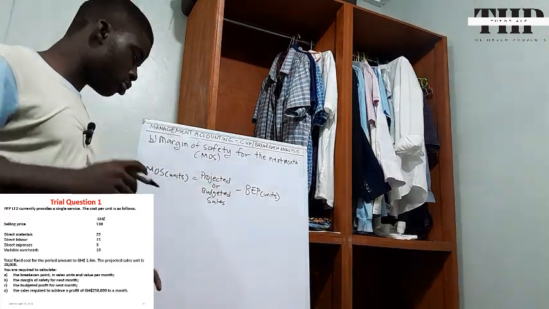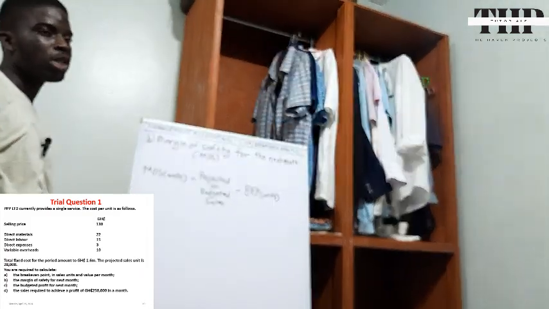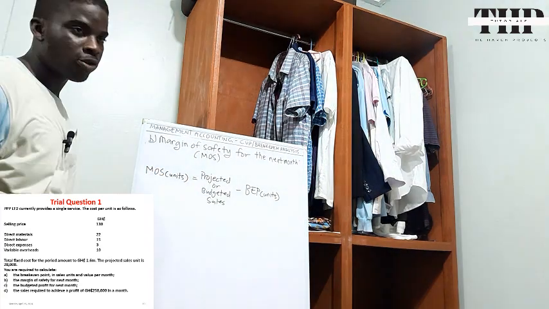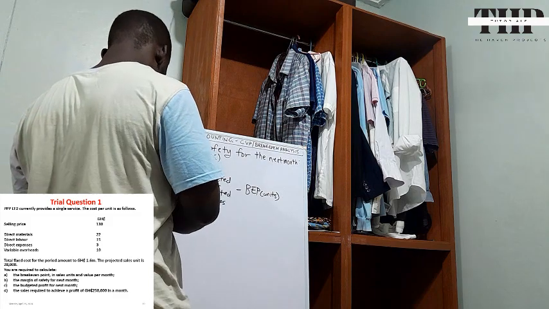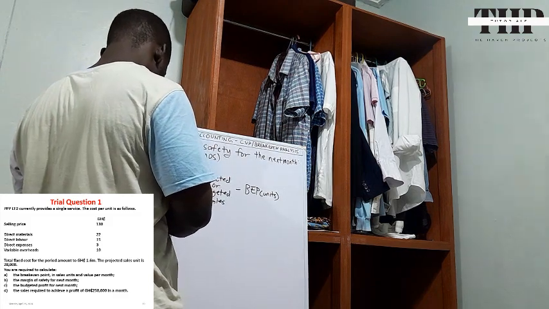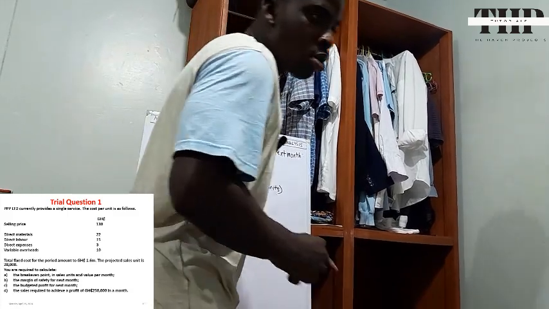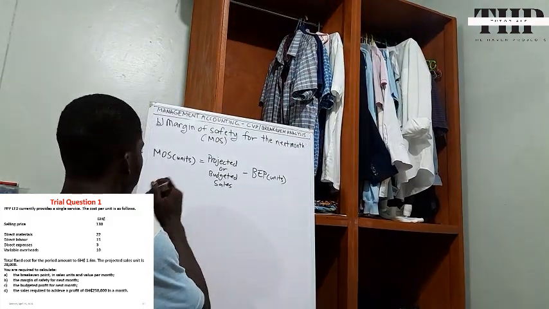Now you have already calculated the break-even point. You know that that's 20,000, right? But the projected or budgeted sales was given in the question, so let's look for that. Projected sales unit, sorry, 28,000.